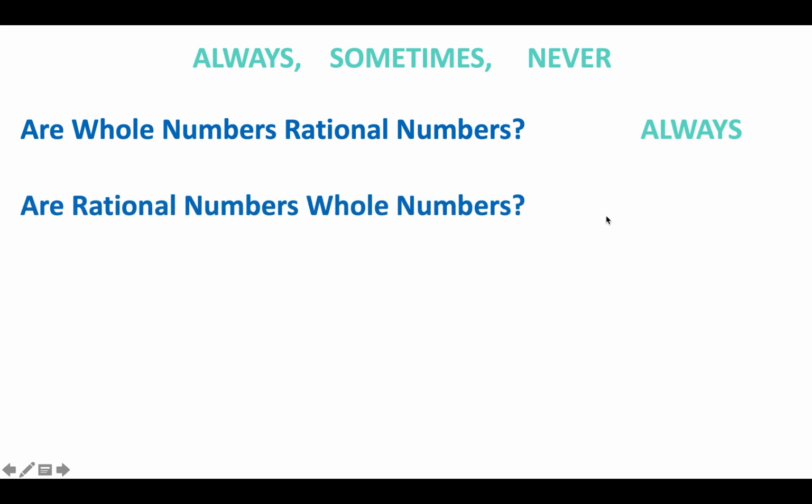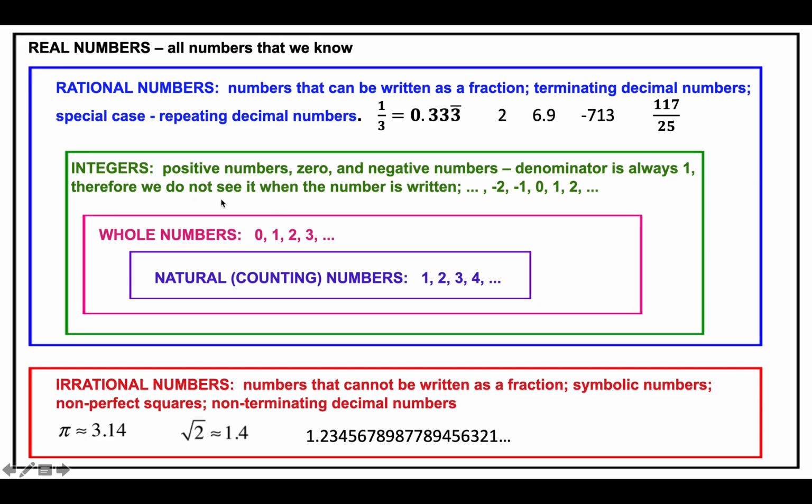Next, are rational numbers whole numbers? Okay, again, let's go to our slide. All right, are rational numbers whole numbers? Well, rational numbers are the big category, and we have many categories within them, one of them being whole numbers. But we want to know, is a rational number a whole number? Well, let's look at the types of rational numbers we have just in our examples. We have 2.